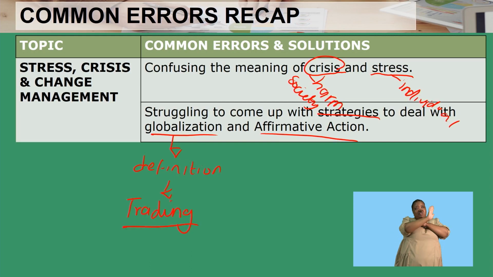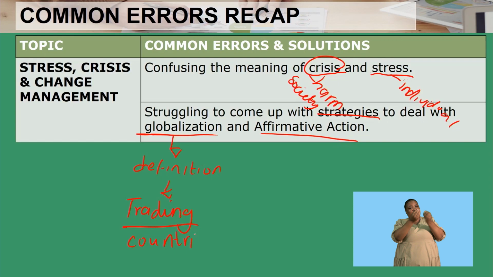Now, that will help you to remember that, it means I need to come up with strategies of how I can best deal with trading with different countries. Whereas with affirmative action, we are looking at ensuring that there is equal opportunities for people that were previously disadvantaged. So you need to think, how is it that people that were not allowed to work can work now?